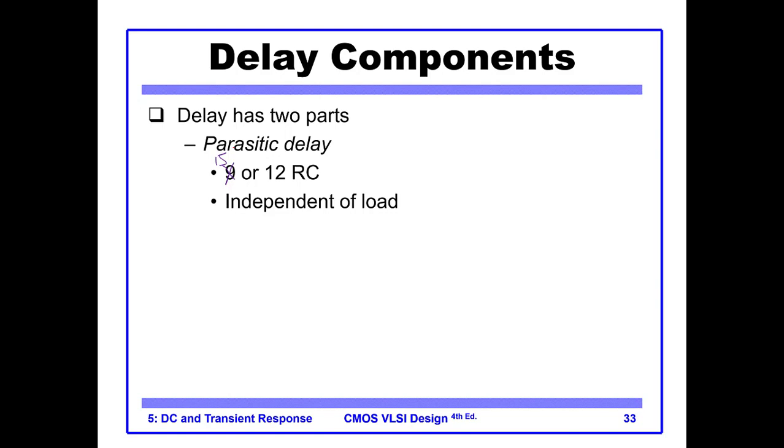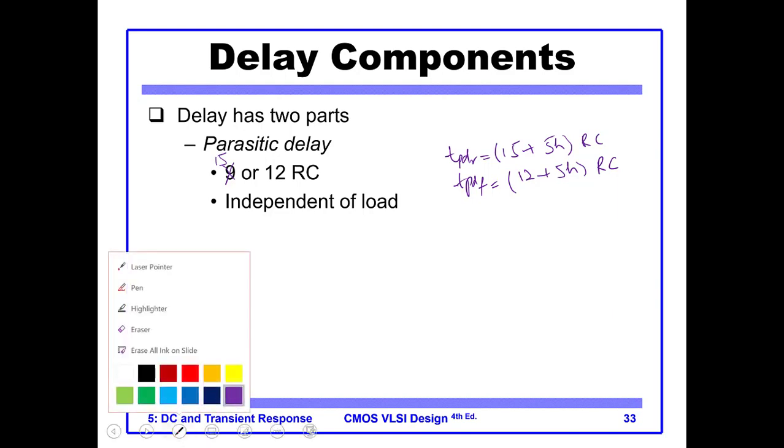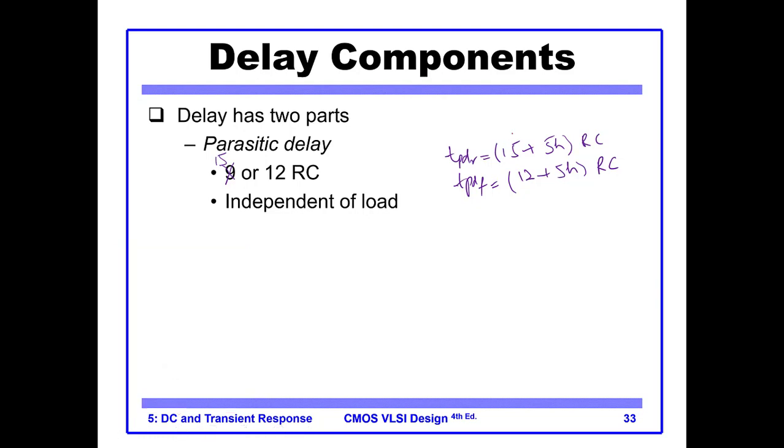In one case TPD rise was (15 plus 5H) into RC, and TPD fall was (12 plus 5H) into RC. So we have two components of delay.